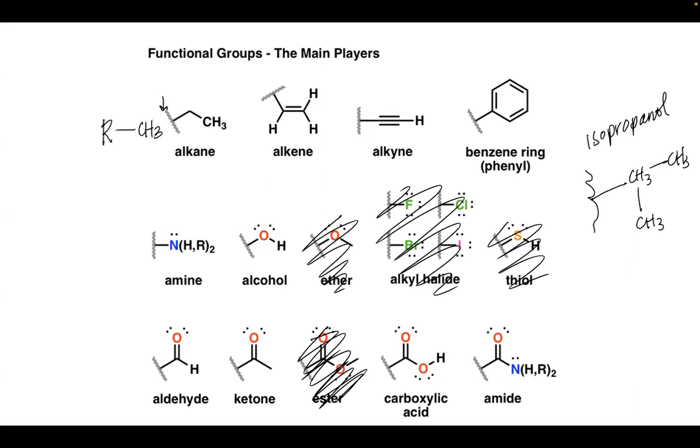And while I might not spend a whole lot of time on this slide right now, I would highly recommend that you spend a lot of time familiarizing yourself with what these functional groups look like, whether that be flashcards or some kind of Quizlet, drawing them over and over. It will be really beneficial for you to know these in and out, okay?